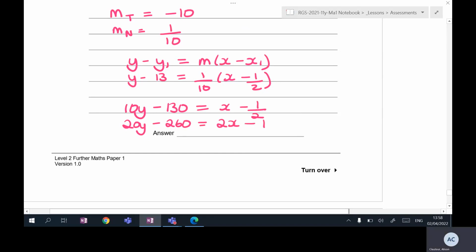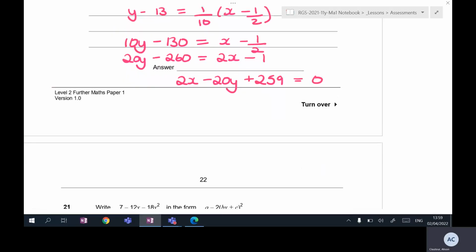If you put that all on one side, you've got 2x minus 20y plus 259 equals 0. That form just means put everything on one side and make sure there are no fractions.